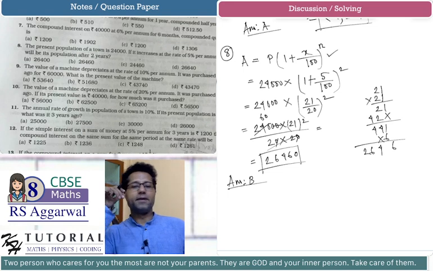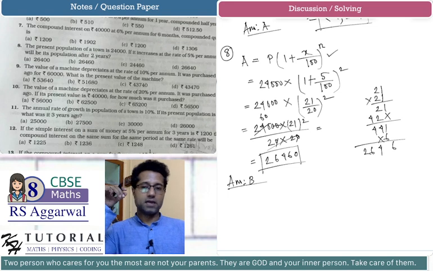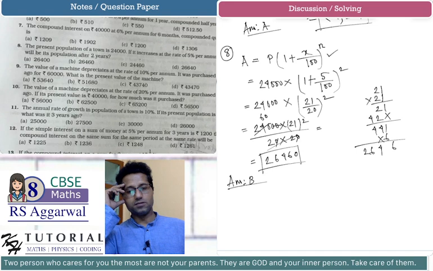This formula can be applied on the population, where the population increases at the rate of X% per annum, and this is the population after n years, where n is an integer.